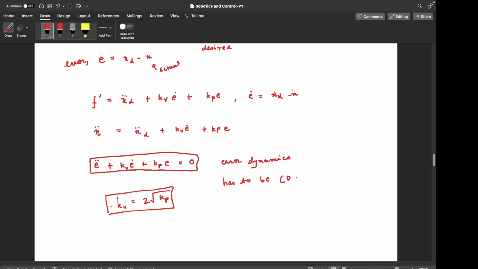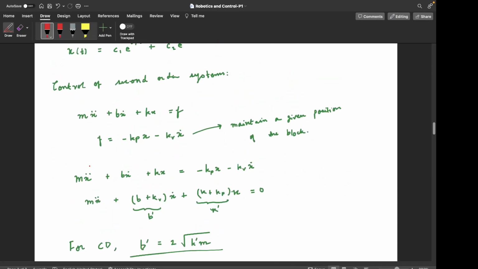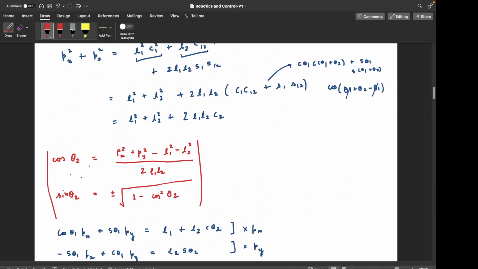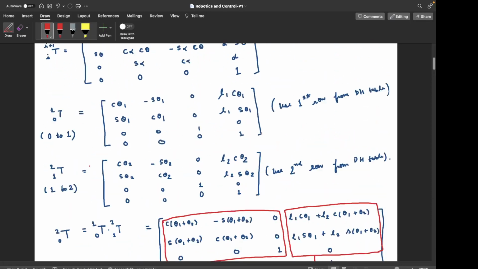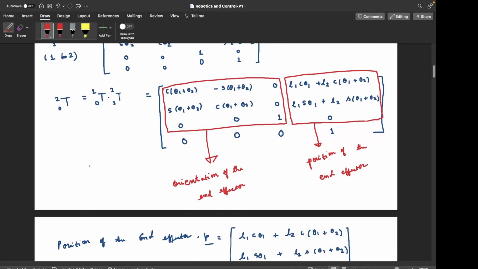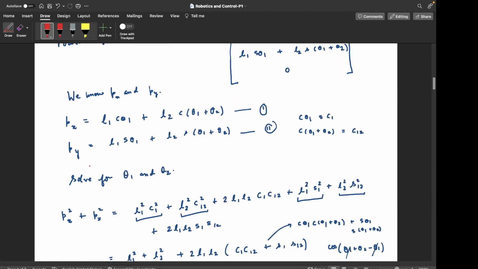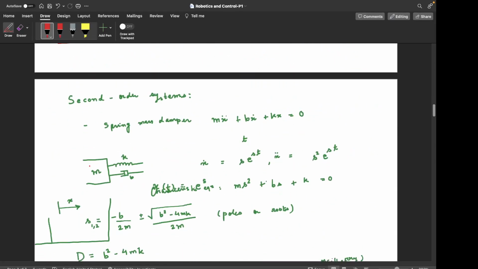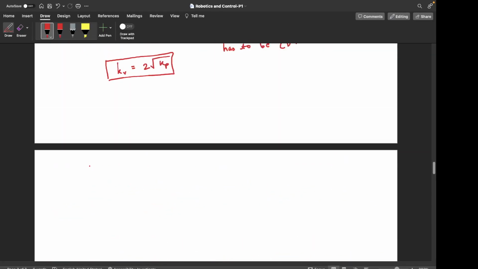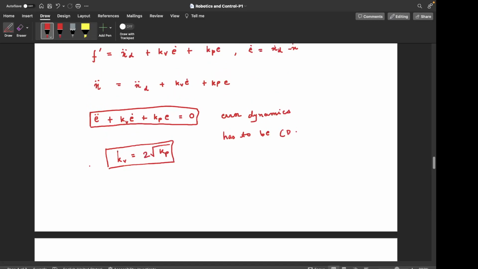Any questions on either the control part or the inverse kinematics part? Any questions from you guys? Okay, so apart from this, any topics which you would like to be discussed in next week's discussion hour?